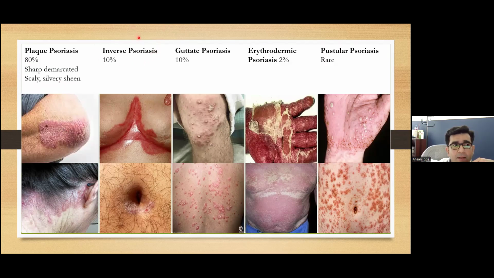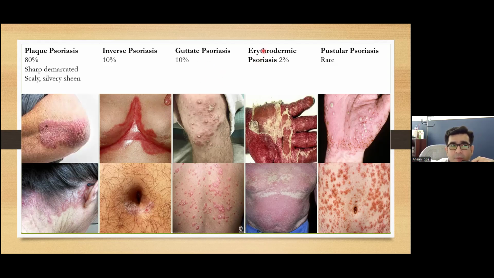Then another type of psoriasis is inverse psoriasis, which often involves the vaginal folds as well as between the breast folds. And then there's guttate psoriasis, which can often be triggered after the patient gets a vaccine, and it has small guttate punctate spots with silvery crusting on the top.